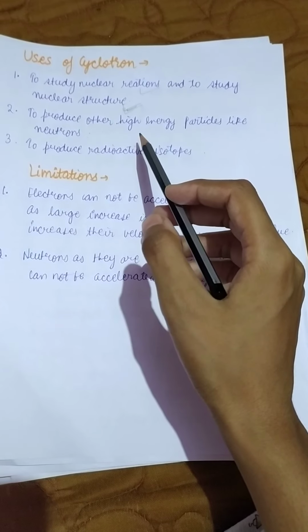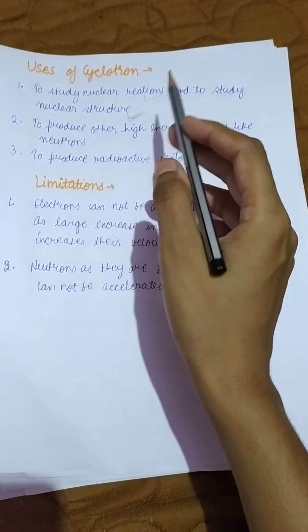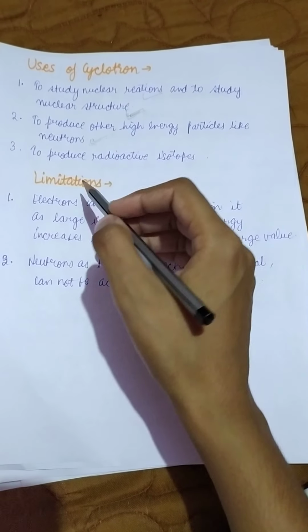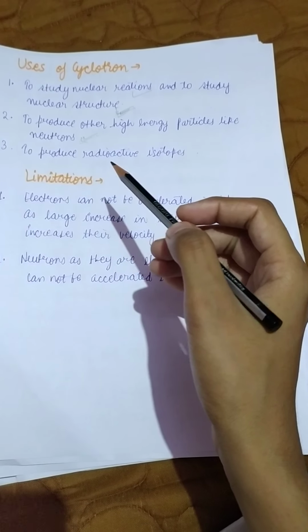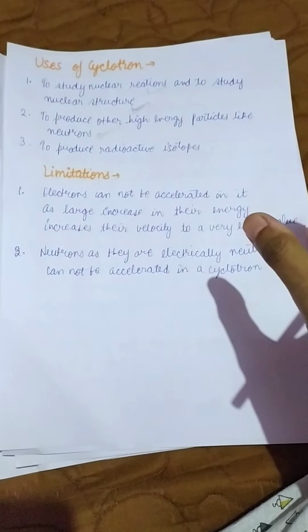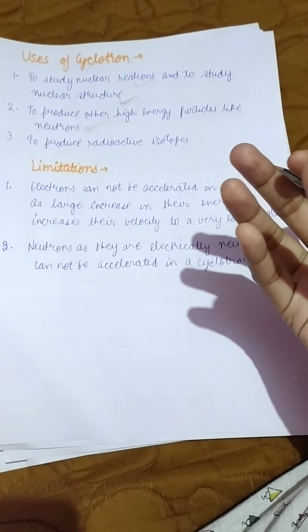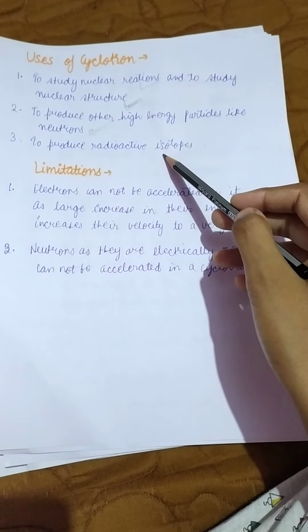So we can say that the cyclotron is used to produce neutrons, and also to produce radioactive isotopes by bombardment of very high energy particles on the atomic nuclei.